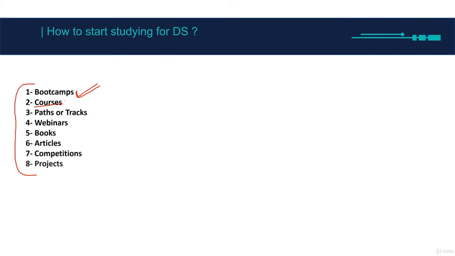And then you have courses just like the one you're watching right now. You can take courses from whatever platform you like, but make sure that the course is exactly what you need. We have something called paths and tracks. A track is a bunch of courses in a sequence.